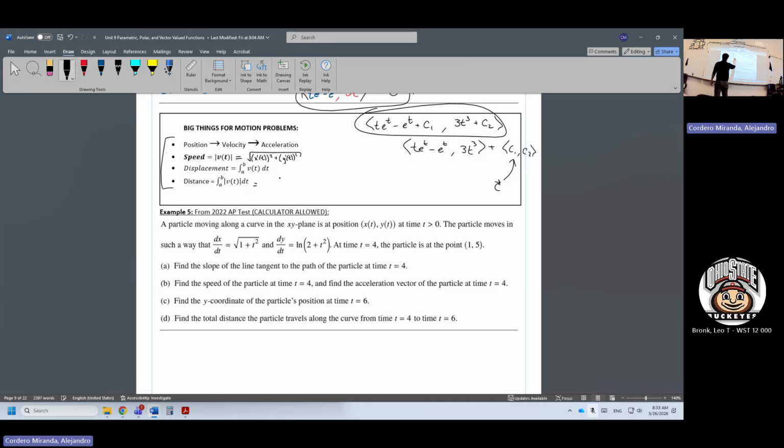So this will end up looking like the integral from A to B of that ugly square root.